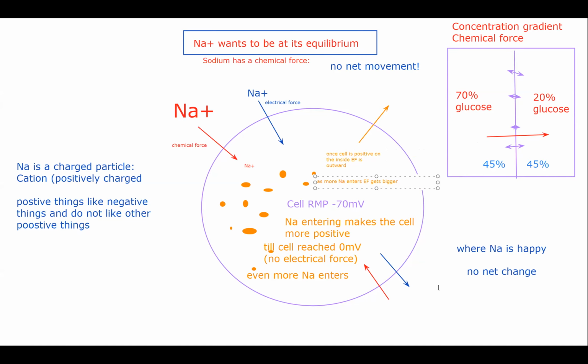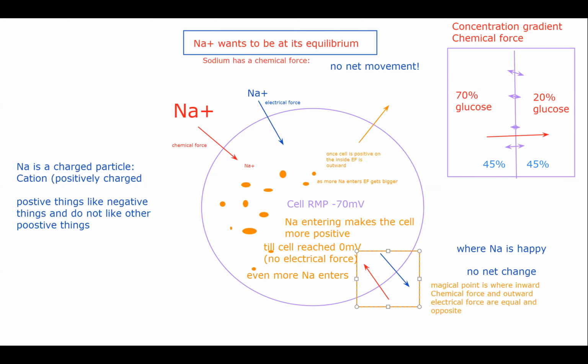And that magical point is where the inward chemical force and the outward electrical force are equal and opposite. It's a little tiny, so let's make that a little bigger.